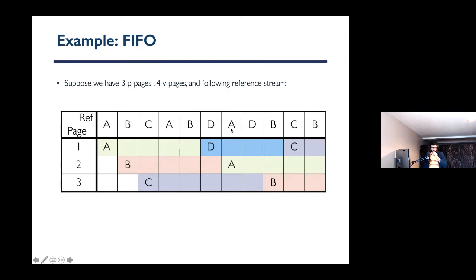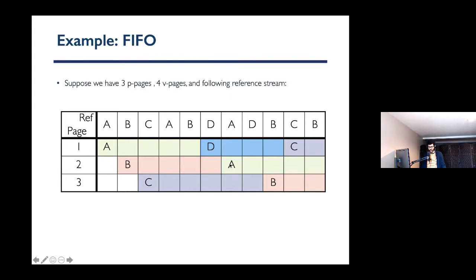So you have to bring A again to memory. So here we basically have to bring D and A. Then another access to D, you have it in memory. That's a hit.